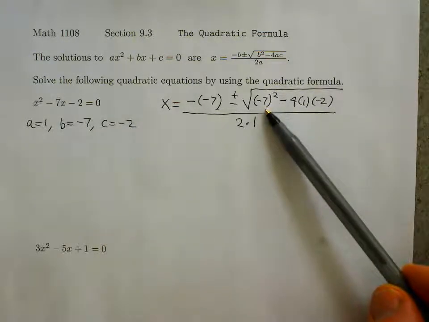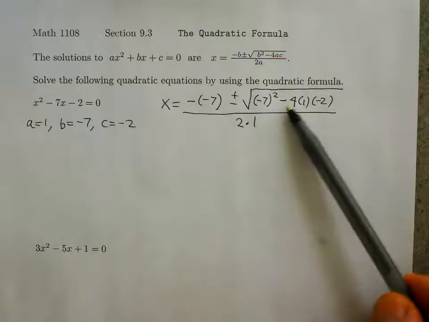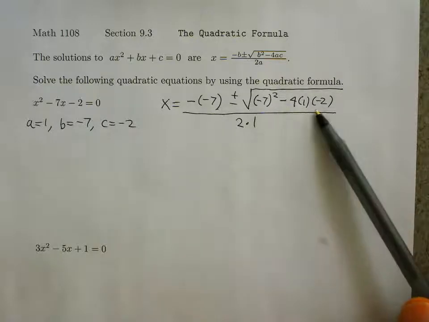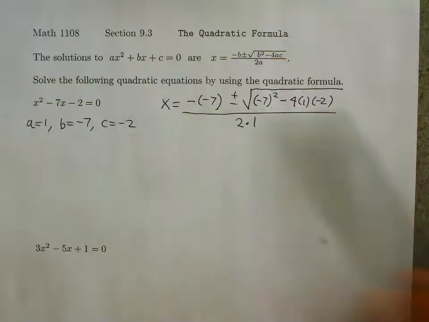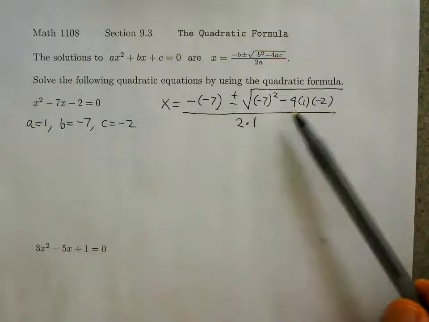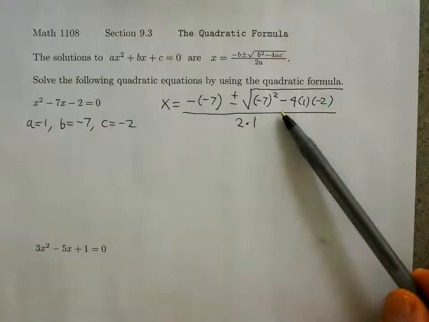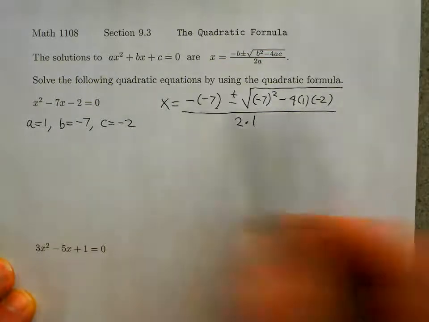If you're still struggling with subtraction and negative terms, you'll need to hone your skills because you're going to encounter many opportunities to make a mistake. So let's start simplifying.